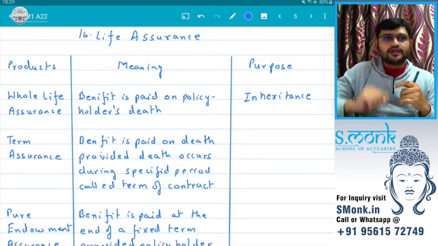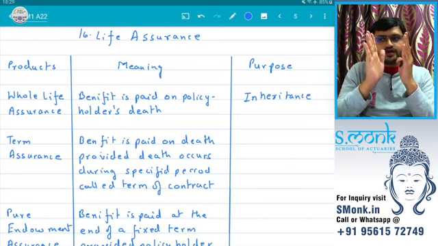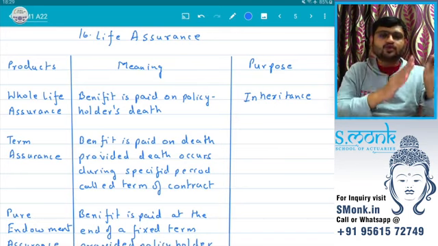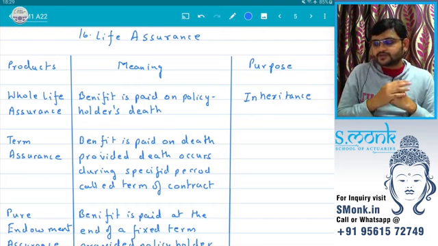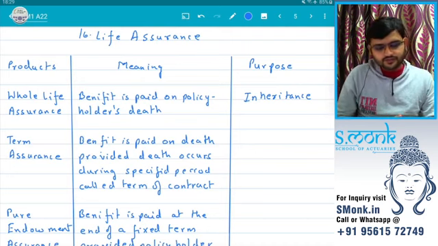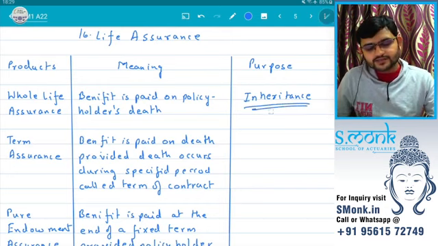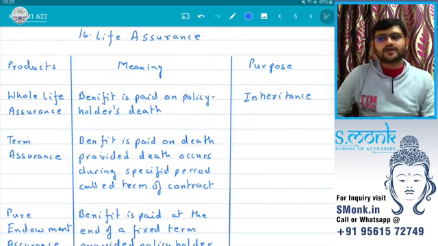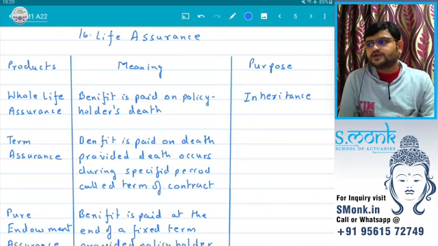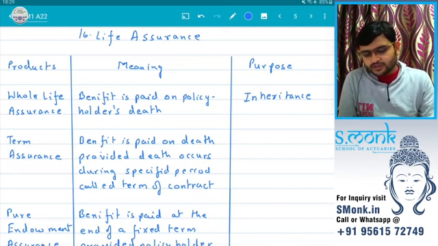If I take a whole life assurance policy of 1 lakh rupees, the amount will never be lower than 1 lakh rupees. The amount paid will always be more than or equal to that amount. So there is an assurance that that much amount will definitely be given. Therefore, whole life policy is more like an inheritance case. The purpose of this is inheritance. Of course, it can be taken at any time in life, but one of the main reasons people take it is inheritance.